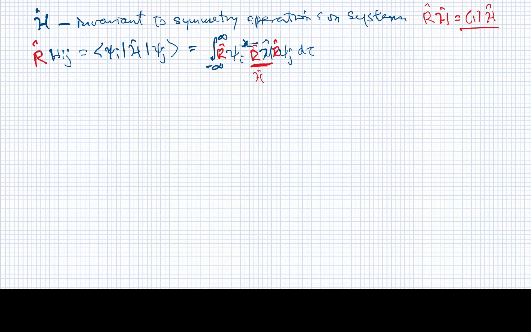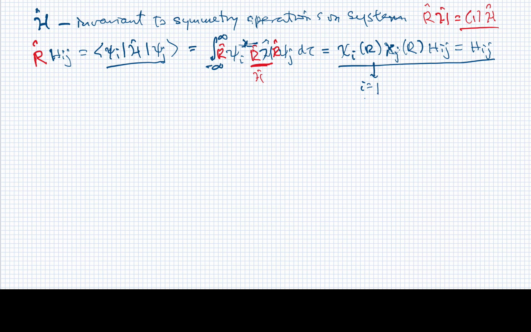All right, what about the rest of this? Well, we'll get something out that is similar to what we got before. We'll get chi sub i of R, chi sub j of R times H_ij, because the rest of this will return and give us back something like this. But this must be equal to H_ij, so again, this part will be equal to either i equals j, so that this is equal to 1, or H_ij is equal to 0.